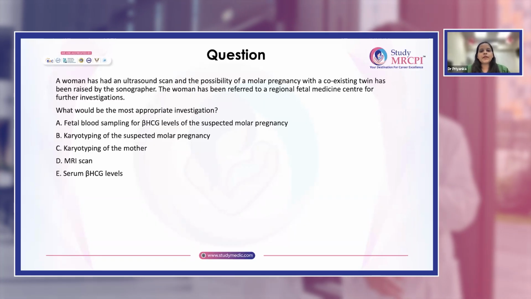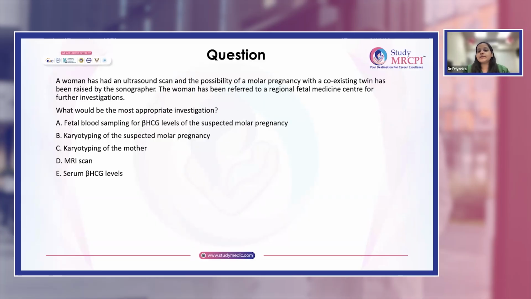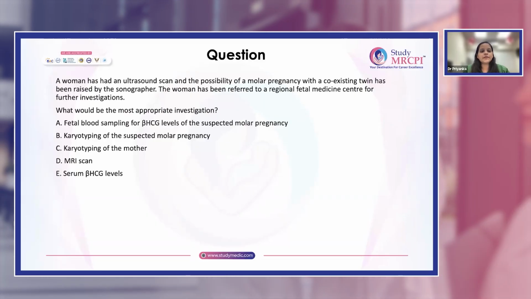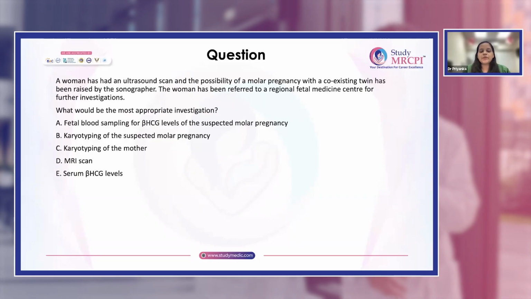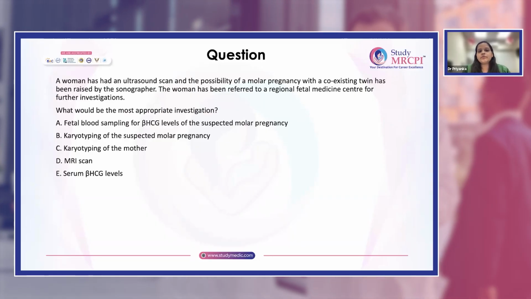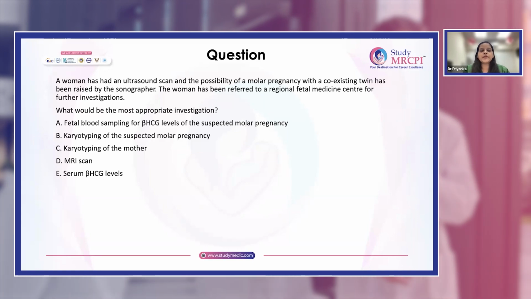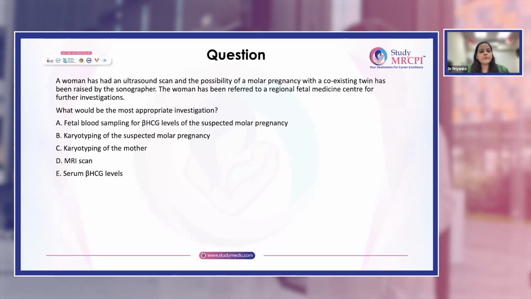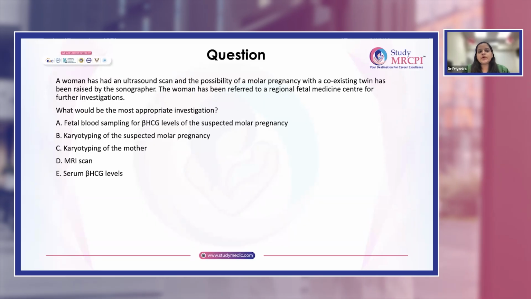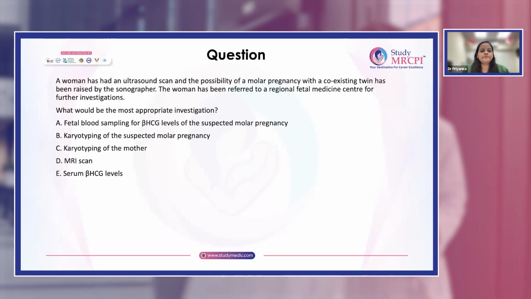So, there is suspicion of a partial molar pregnancy, and she has been referred to the regional fetal medicine center. Is it fetal blood sampling for beta HCG levels, karyotyping of the suspected molar pregnancy, karyotyping of the mother, an MRI scan, or serum beta HCG levels?